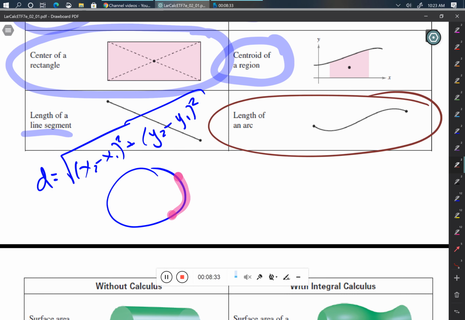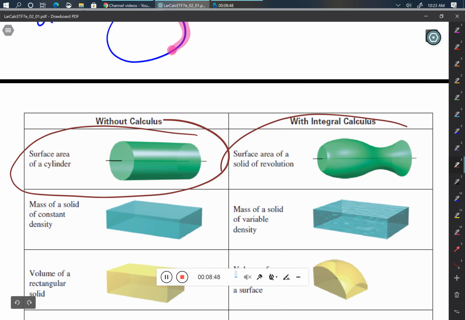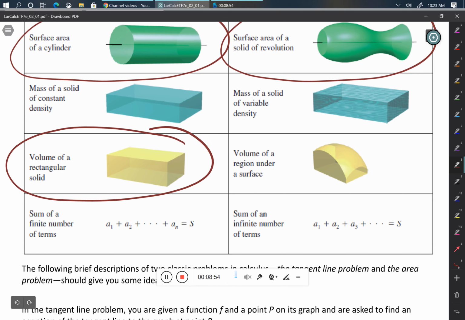So I hope what you're seeing here is that we're talking about making changes to the math that we already know how to do and just making it more complicated. Instead of finding a simple geometric shape's surface area, what's a complicated geometric shape's surface area? Instead of finding the volume of a simple geometric shape, what's the volume of a complicated geometric shape?